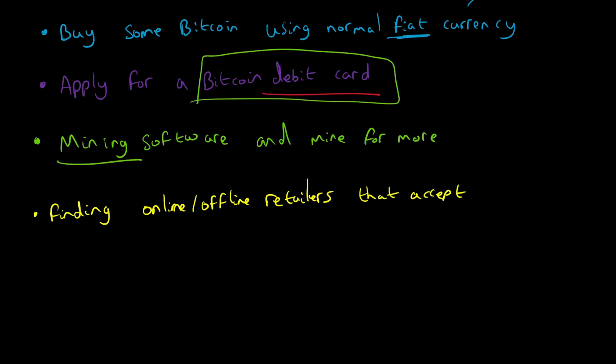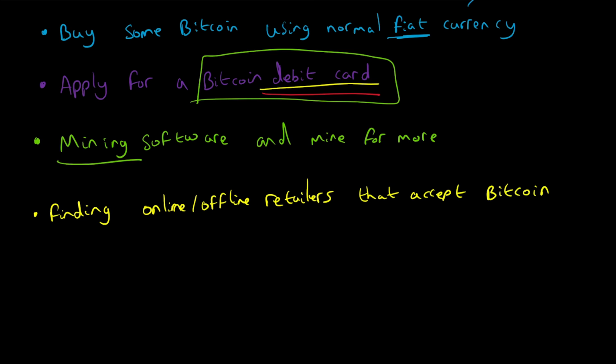Because if you can avoid the debit card, which has its own fees, it'll be more beneficial to you because you're avoiding fees. So finding online, offline retailers that accept Bitcoin or any other cryptocurrency of your choice.